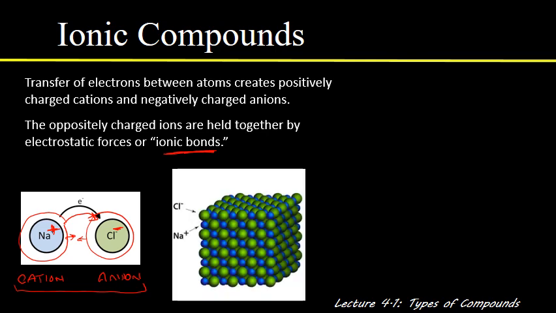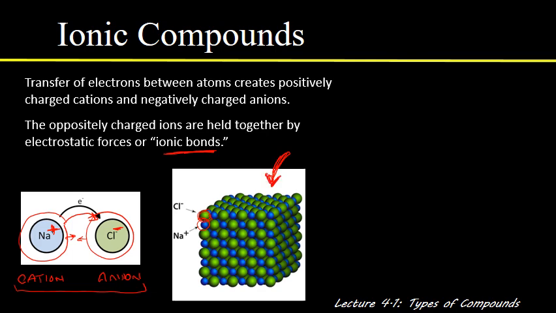On the microscopic level, you get a large number of positive charges, the sodium ions in this case, and a large number of negative charges, chlorides, making an extended array of positive and negative charges. Importantly, there are no individual sodium chloride units.